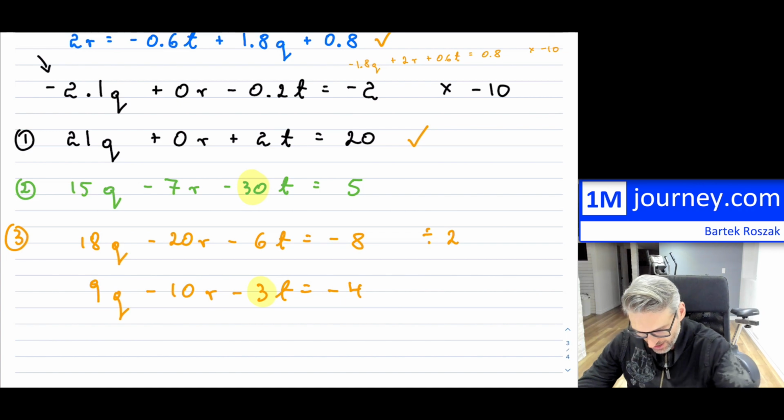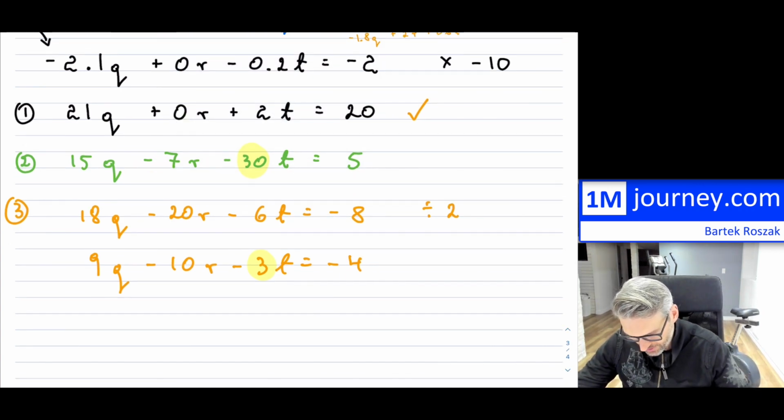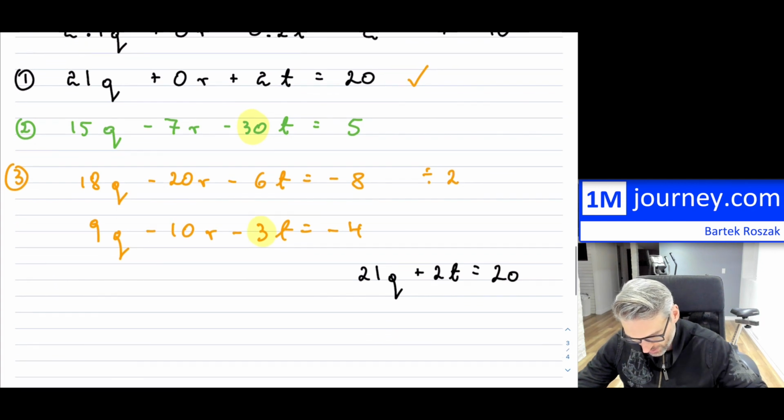So what I can try to do is the following. I can take equation 1, which is 21q. I'm going to get rid of that r. This t is equal to 20, so that was one of them. Now the t, I can get rid of the t's from another equation over there.